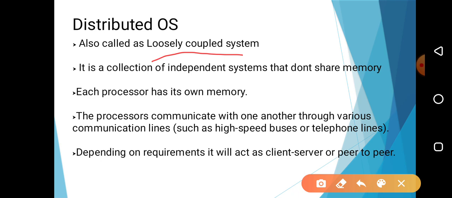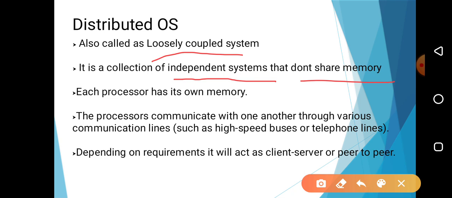But in the case of distributed, it is called loosely coupled because it also has a collection of different CPUs, but in different systems. Therefore, the distributed system is a collection of independent systems that don't share the memory.